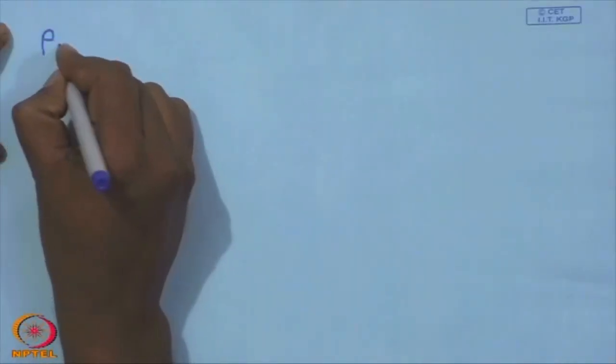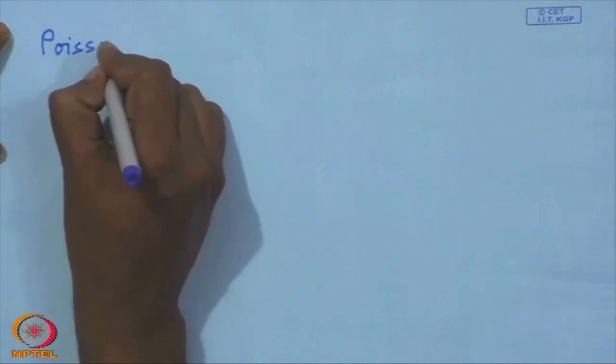Similarly, another parametric probability distribution, which is widely used in some of the applications, is what is called the Poisson distribution.